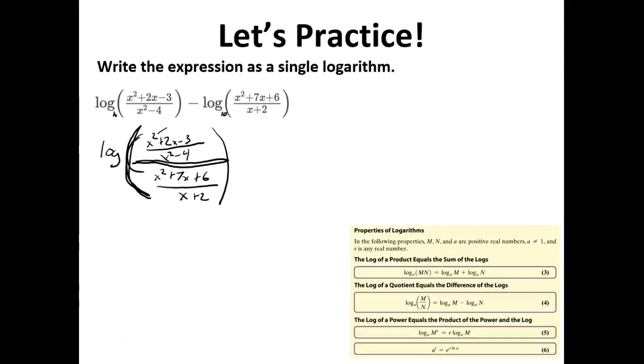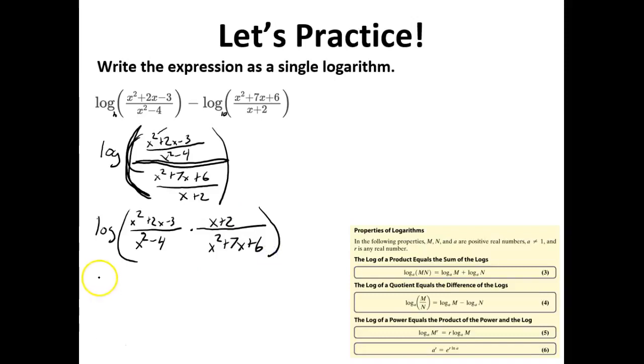So this is going to be a log of the top. When I look at the top here, x squared plus 2x minus 3, I'm starting to wonder if I can factor these tops and bottoms. But first, I'm going to multiply by the reciprocal, x plus 2 over x squared plus 7x plus 6. And again, I'm wondering maybe I can factor some stuff on the top and the bottom so that it will simplify.